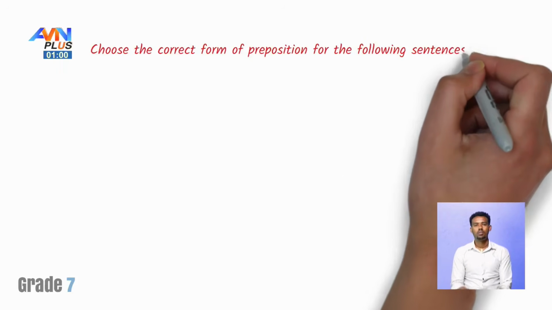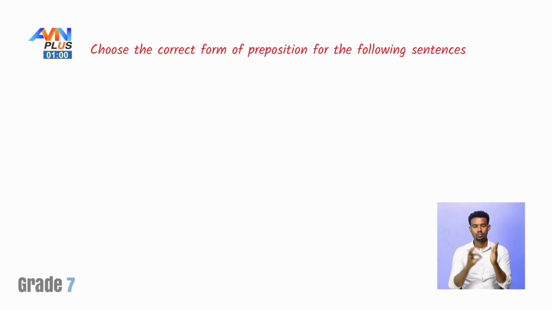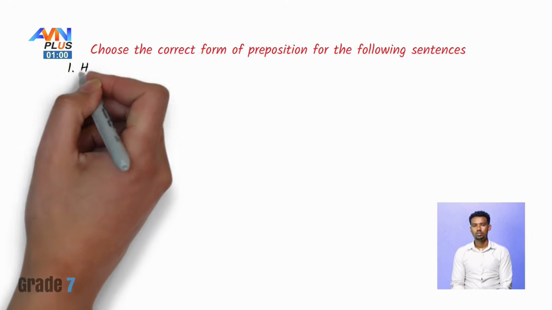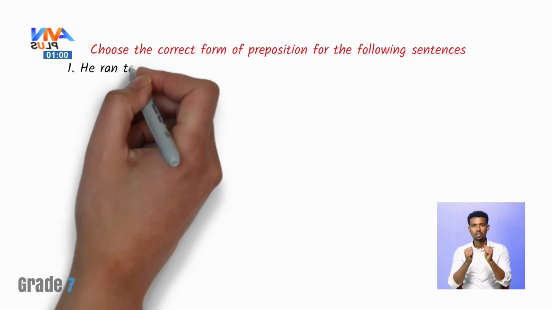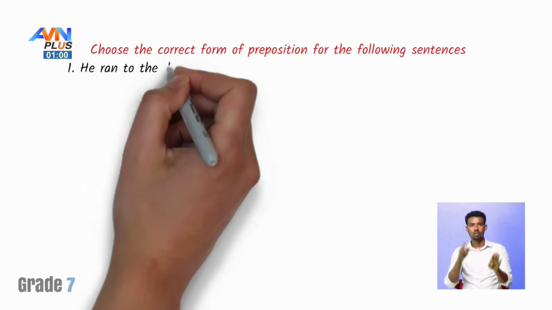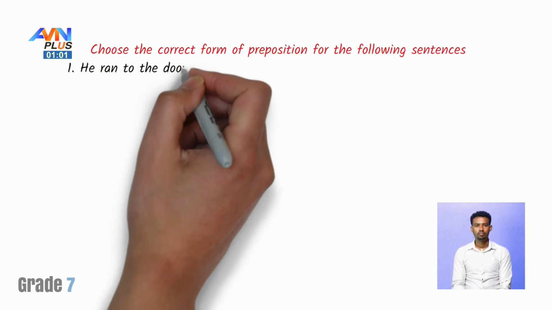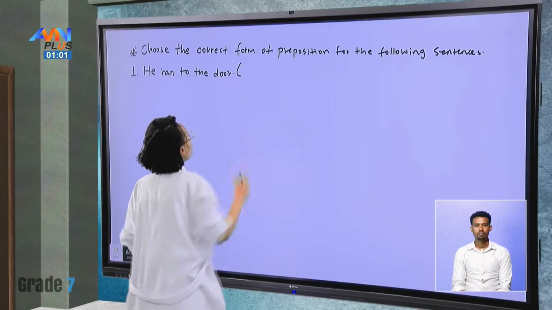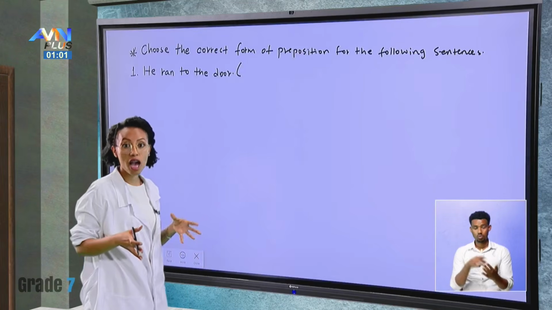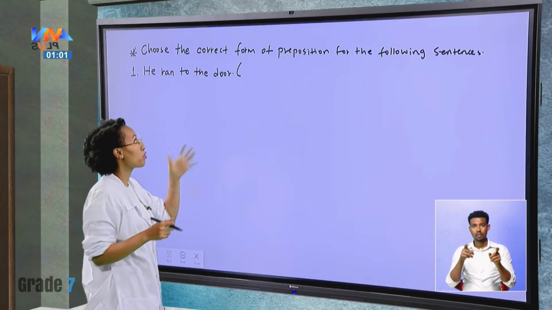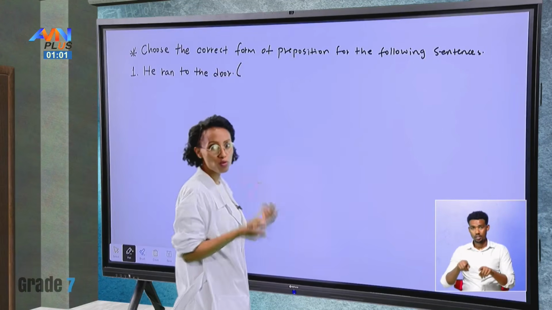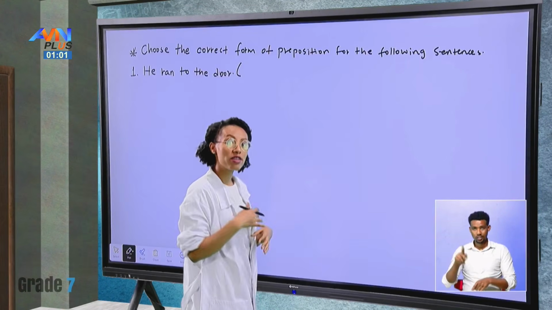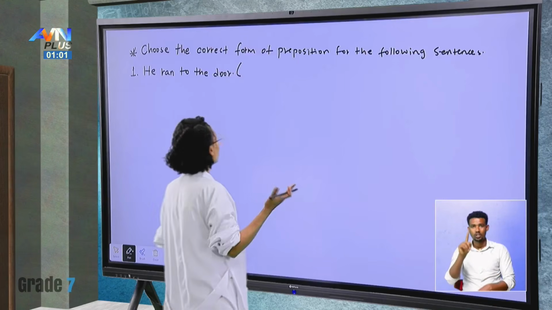Okay. Number 1. He ran to the door. So you're going to choose in brackets. I will put the different forms of prepositions, and I want you to choose which one is the best. So you underline the one that you feel is the correct one.